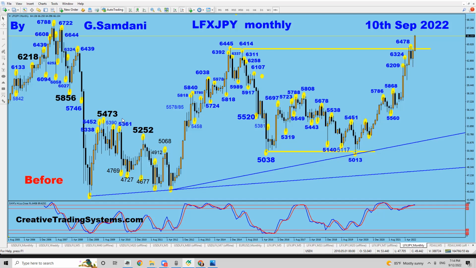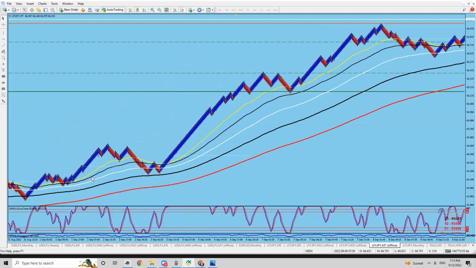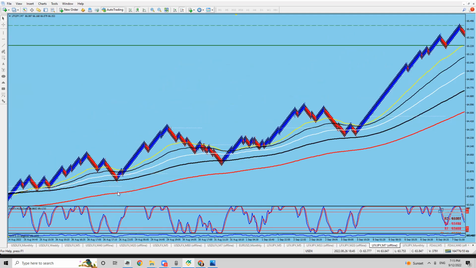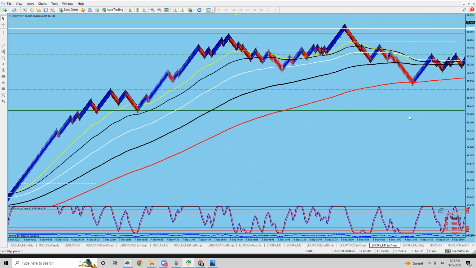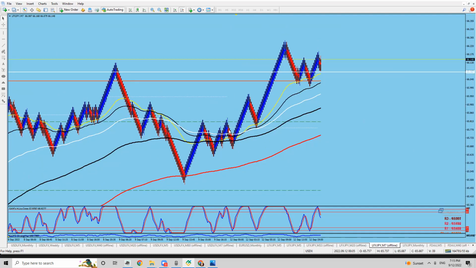But what really happened is that this system of mine, the Magic Ivy system, shows me the way. It actually gives me the guidance. For example, this chart here, you can see this is the yen index. Now you can see how powerful it was going to the upside, and every time it makes something like this, that is a long setup, meaning now yen is about to jump again, and all yen pairs will give me long entries from here, from here, from here, similarly from here, and then today, Monday, September 12th, it started right here, right?